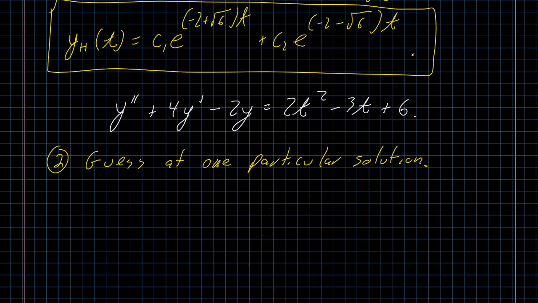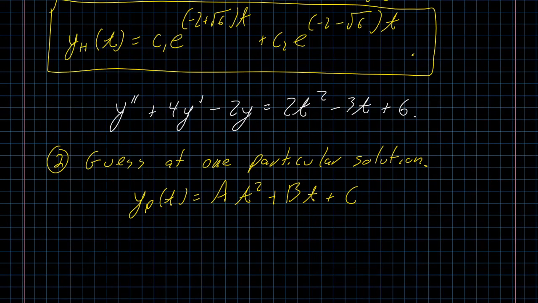In our particular case, the right-hand side is a second-degree polynomial. And so I'm going to guess that my particular solution is a second-degree polynomial, except I'm going to replace the coefficients, 2, negative 3, and 6, with unknown values a, b, and c.